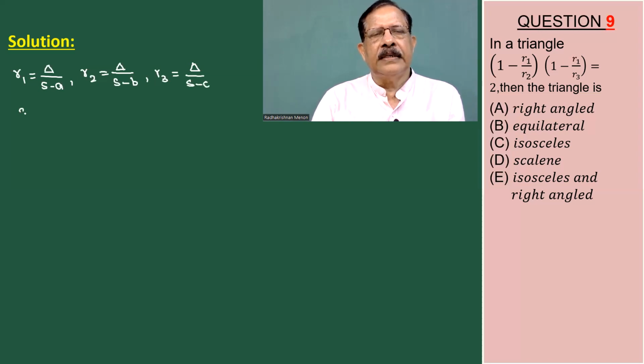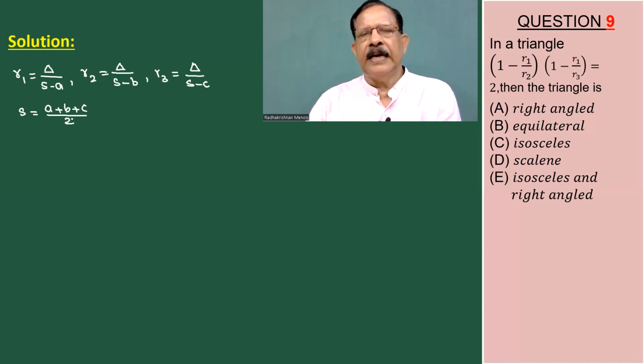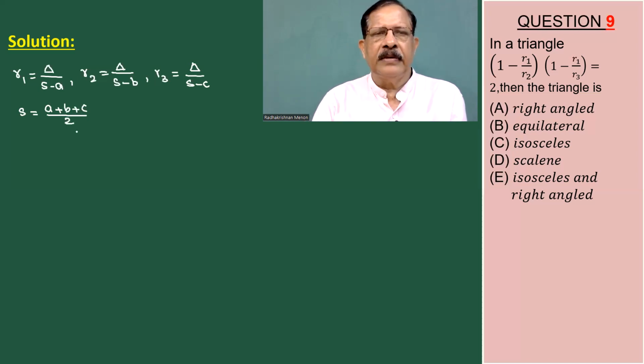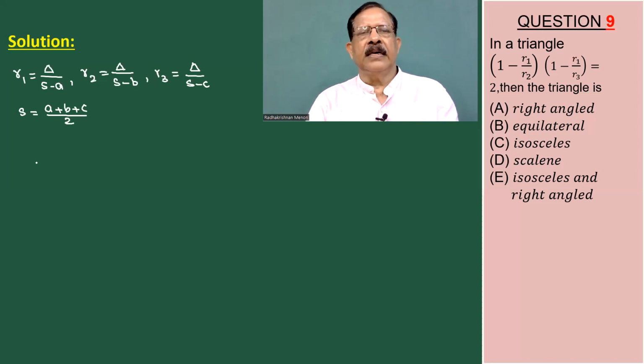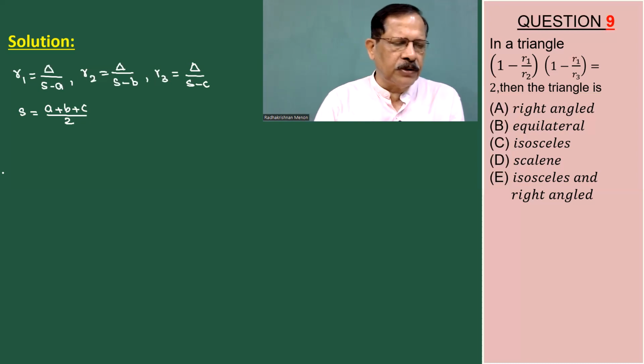What is S? It is the semi-perimeter, that means (A + B + C)/2. What are A, B, and C? They are the side lengths of the triangle. So we are using this result for solving this particular question.